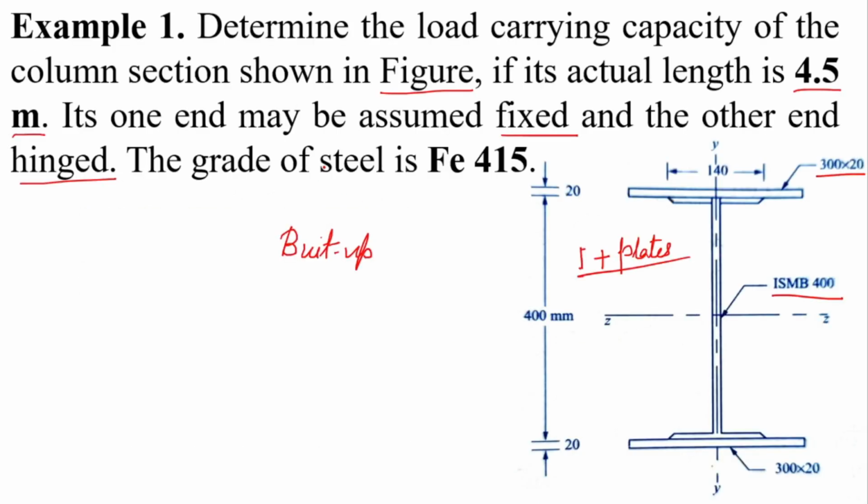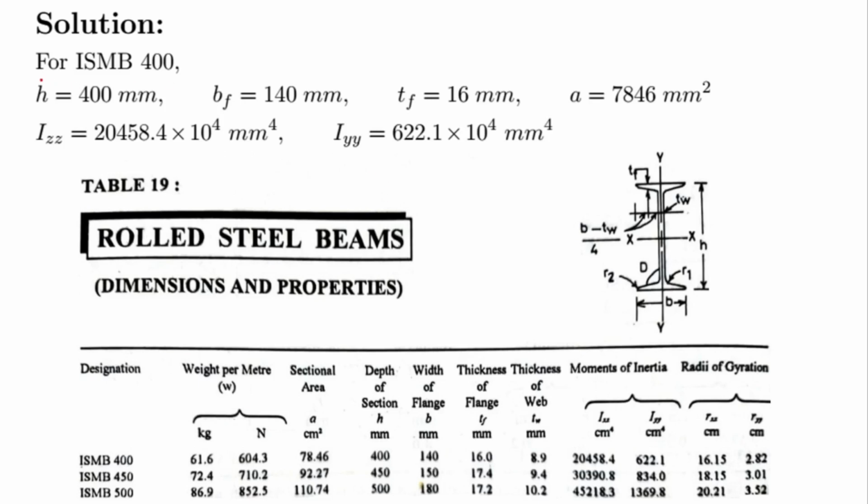So in the question, this is the I section given which is ISMB 400. So for ISMB 400, we have to note down the properties from steel table. If you see the roll steel beams for ISMB 400, the height is 400 mm. This is the height or depth of the section H. Next, with the flange.